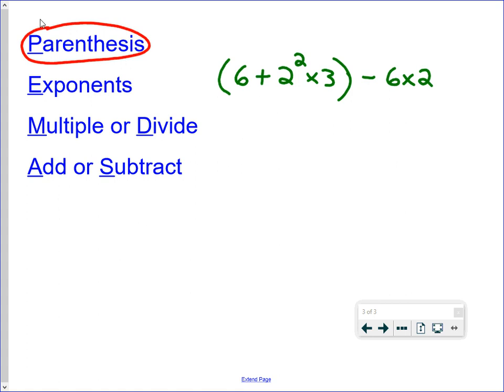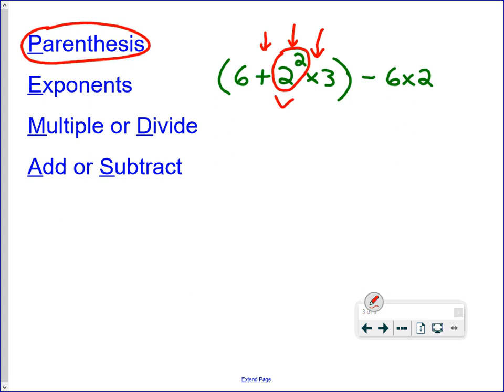What's in the parentheses? Well, there's an addition, there's an exponent, and there's a multiplication. Okay, according to this list, after parentheses, what should come first? Well, the exponents should come first. So we do that first.